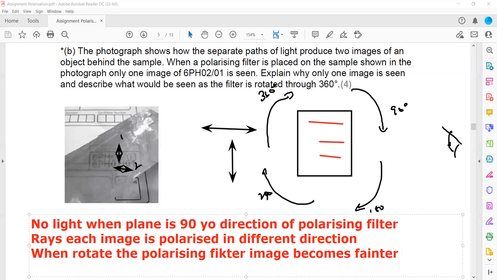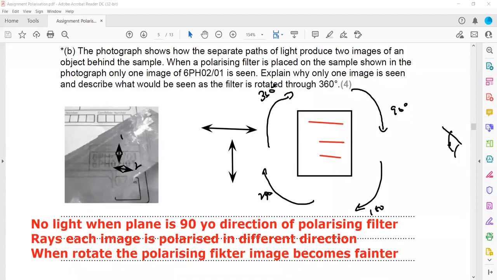Because only one component of the light is able to pass through. Now when we work out at what angle, for example, we started like this, this is a starting way. So when we start in this manner, which image will be seen? When the plane of the polarizing filter is parallel to image 2.